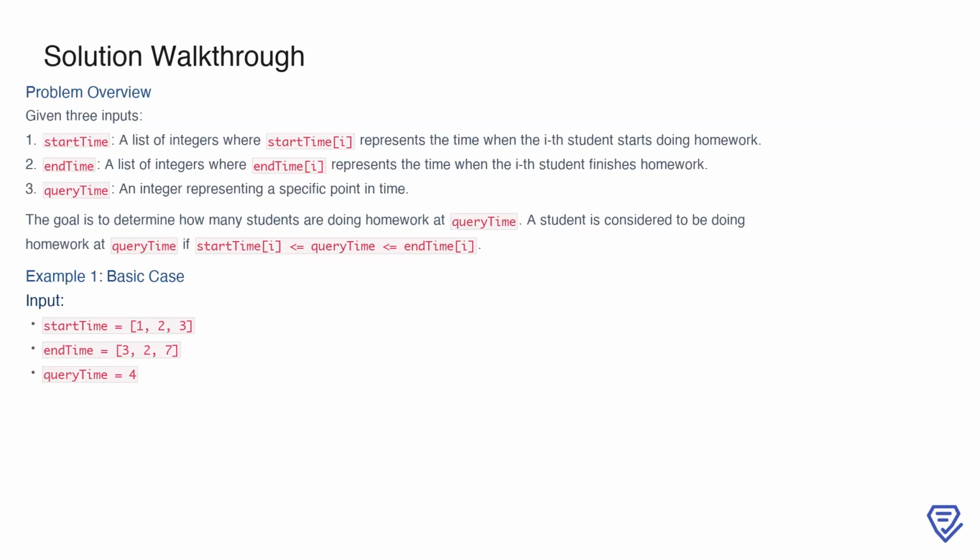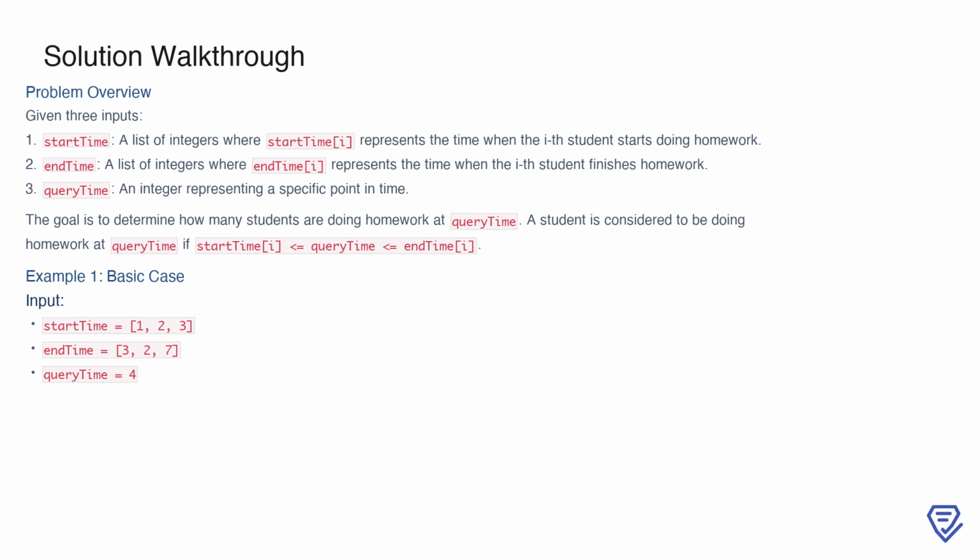To solve this problem, we need to determine how many students are doing homework at a specific time, called queryTime. We are given 3 inputs: startTime, which tells us when each student starts their homework, endTime, which tells us when they finish, and queryTime, which is the specific moment we need to evaluate. A student is considered to be doing homework at queryTime if their start time is less than or equal to queryTime, and their end time is greater than or equal to queryTime.